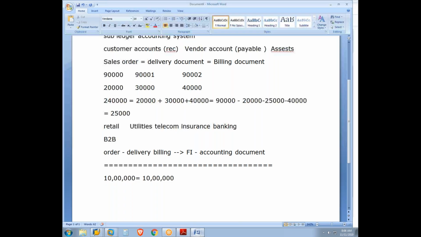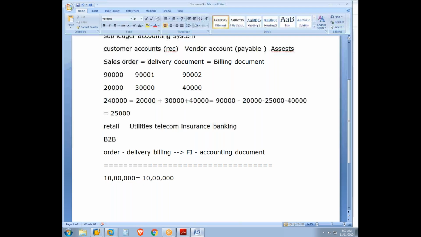You are not doing it individually. In case of SD, I get an order, delivery, billing, and you post it to financial accounting. But in case of ISU or telecom, you cannot go on preparing individual invoices. You will not be able to finish the load. So you always do mass processing. These 10 lakh invoices, I would have broken down into 2 lots: first lot of 5 lakh, second lot of 5 lakh.